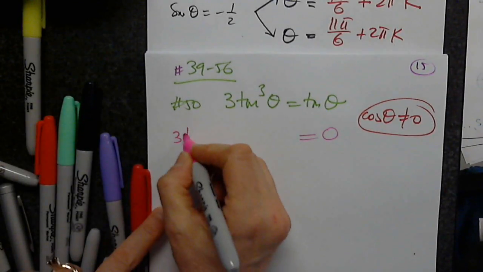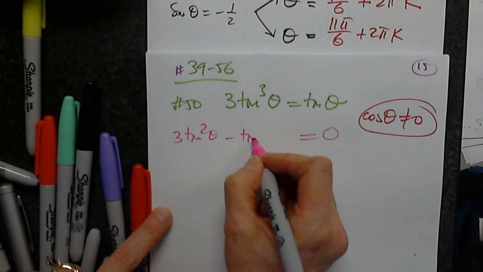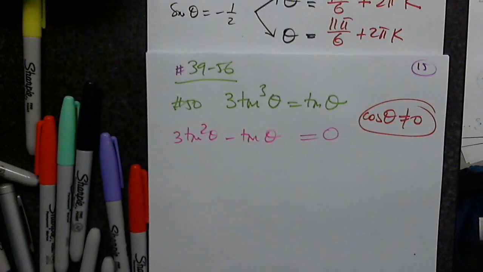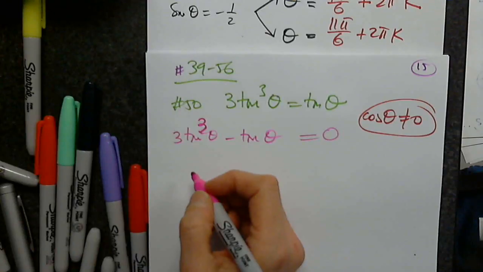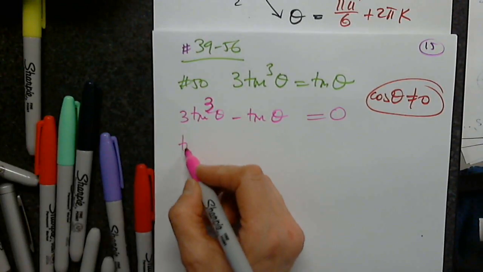So yes, 3 tangent squared minus tangent theta. Now, thank you. So then, what now? Factor, simplify, stay simple. Now, first, what do I factor out? Exactly.